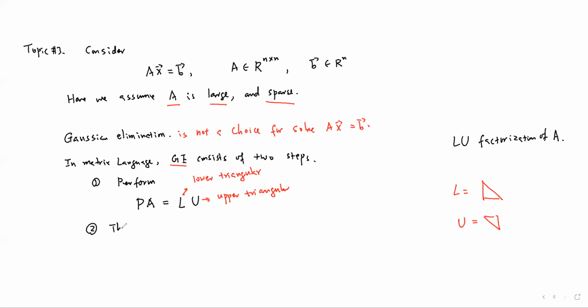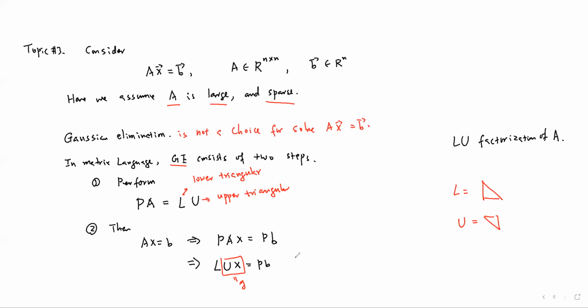Then Ax is equal to b. From this equation, we multiply P to both sides. Then by this equation, P times A is L times U. Then set U times x to be y.